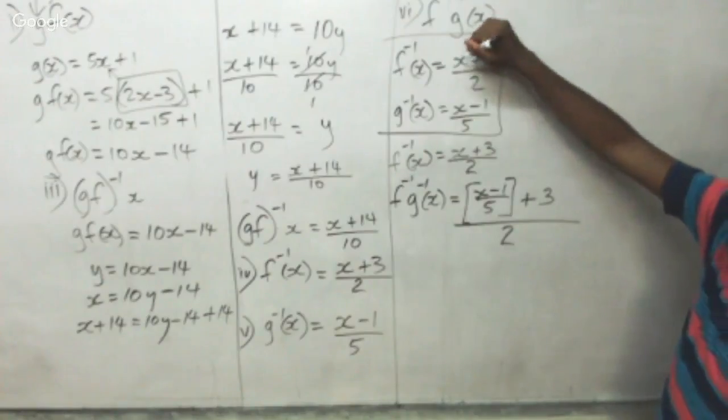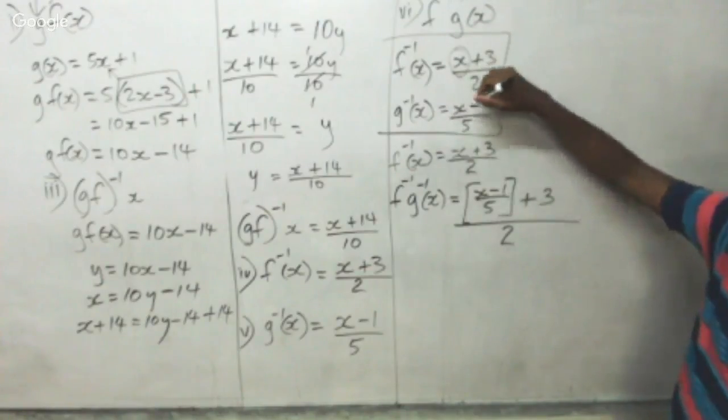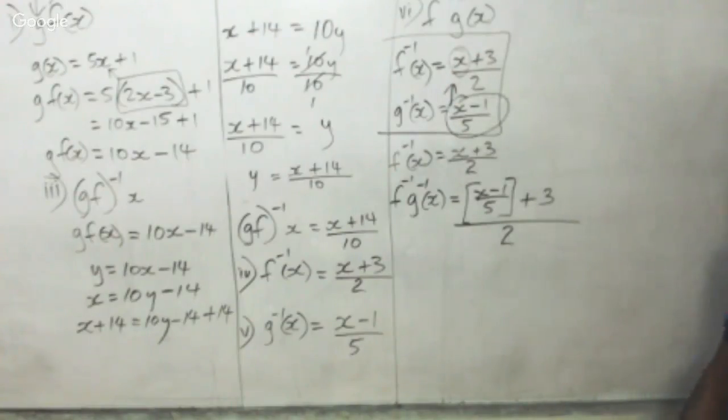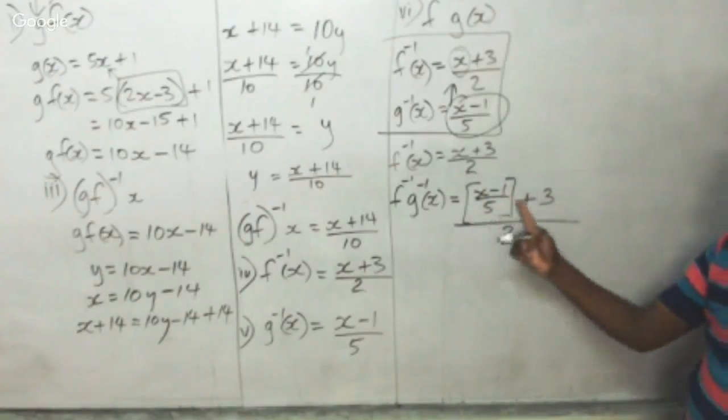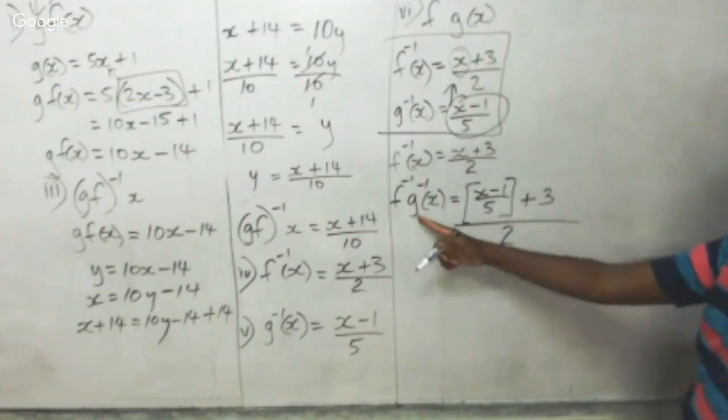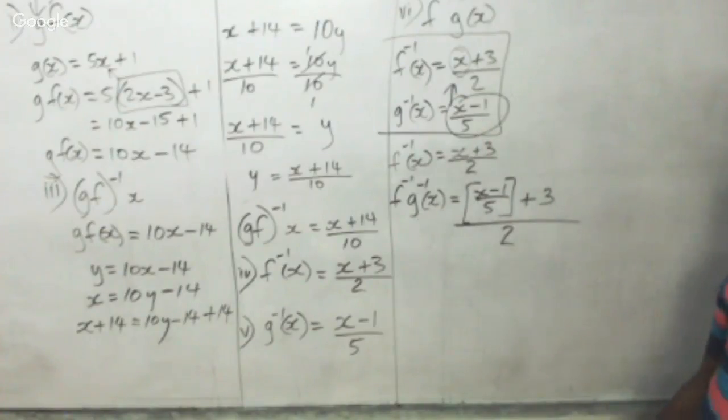So anywhere X is in F inverse, we're going to put the entire G inverse, plus 3. So it's like replacing X with the entire G inverse, which is that.